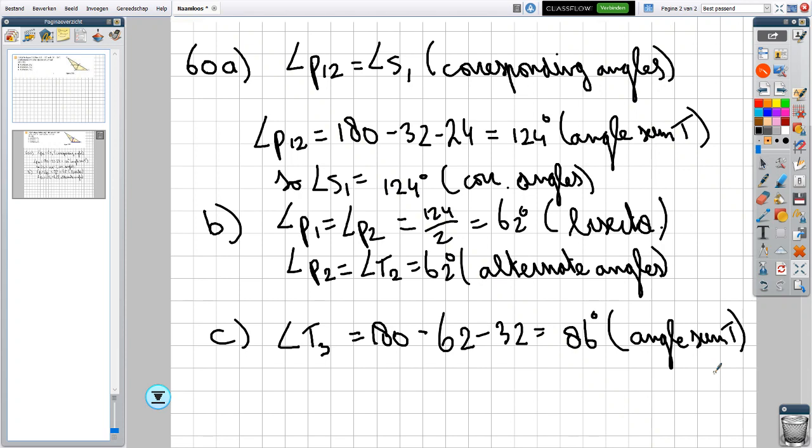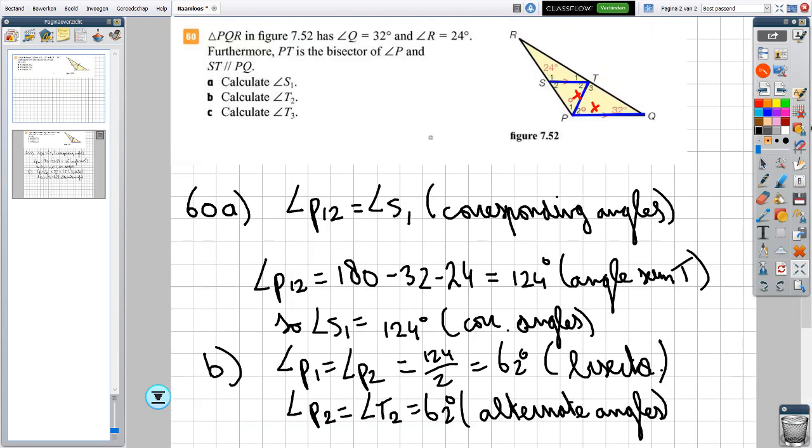So if you've got exercises like this, a few tips. First, let's take a look at this without my auxiliary lines. Take a look. If they give you the information that some lines are parallel, big chance that you have to use alternate or corresponding angles.